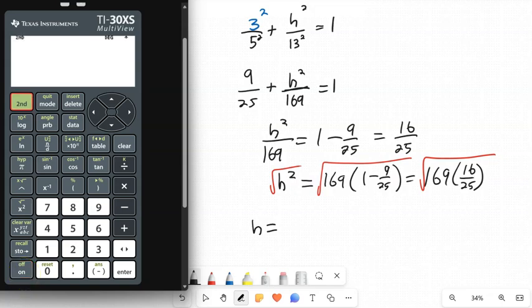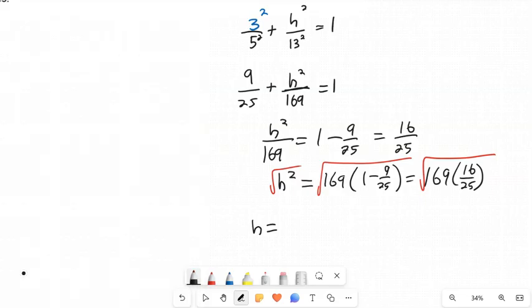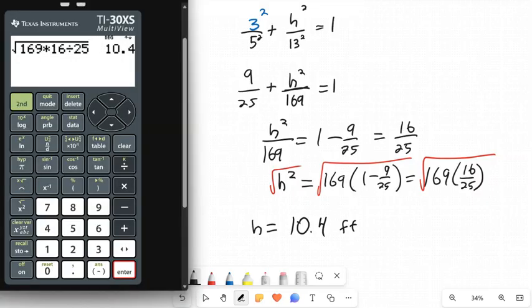So if we square root 169 times 16 divided by 25, that would be the rightmost version, we get 10.4 feet. If we square root the 169 times the parenthesis 1 minus 9 over 25, that would be the left version, same answer.